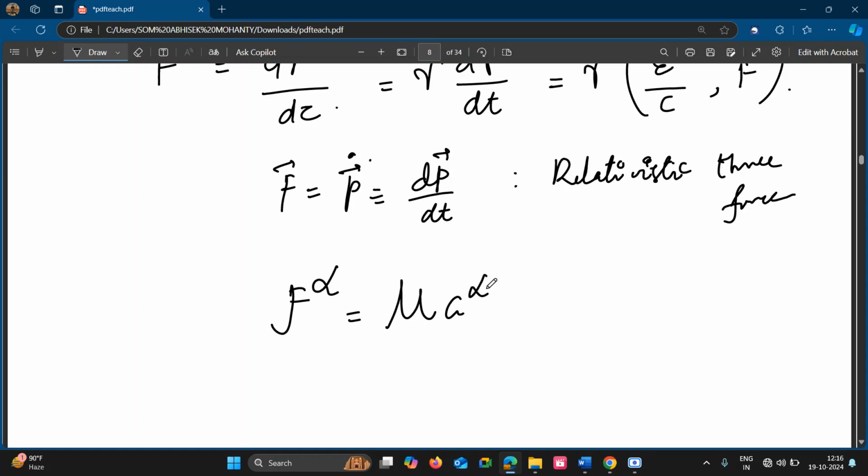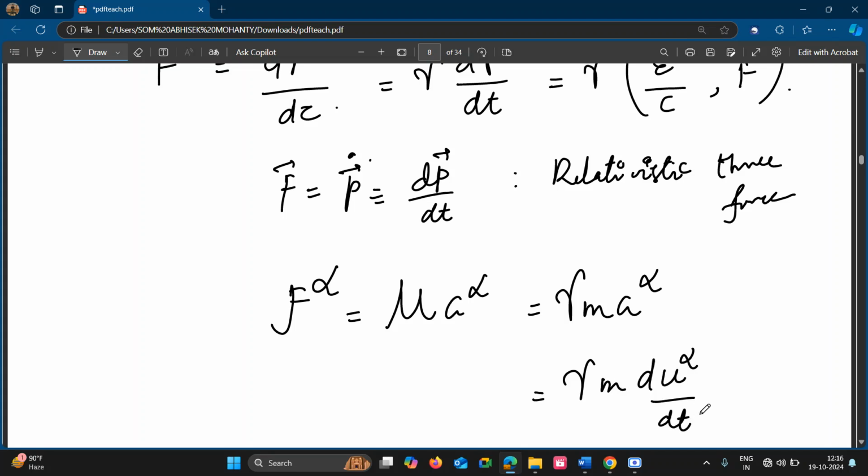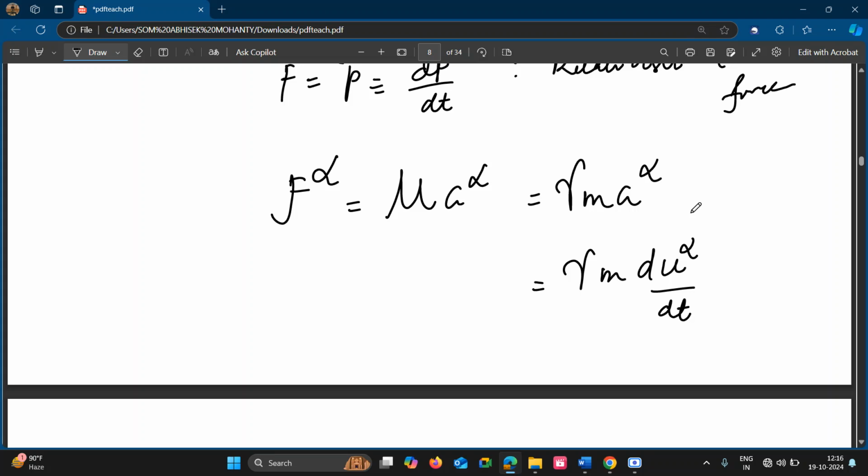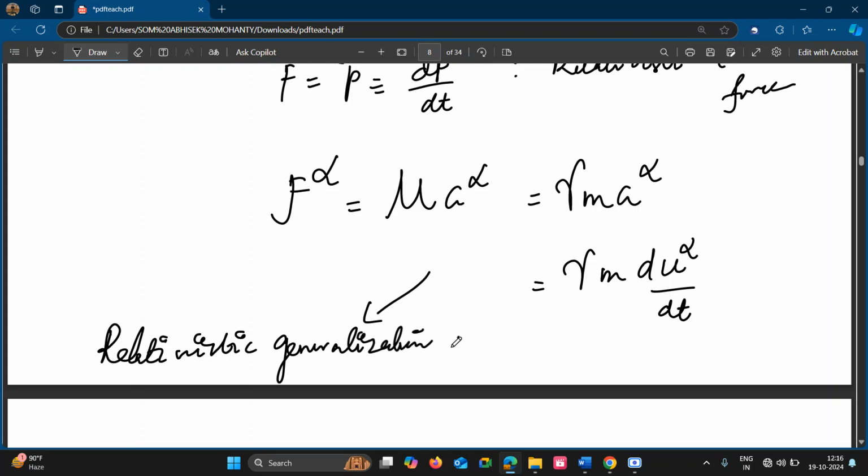This is the relativistic four-force, that is gamma m a alpha, which is gamma m d u alpha by dt, which can be regarded as a relativistic generalization of Newton's second law of motion.